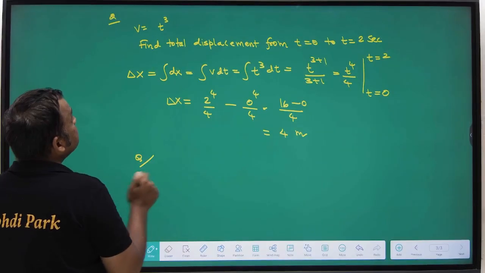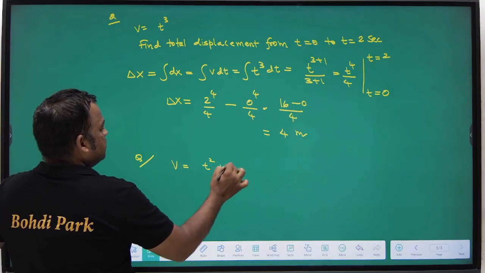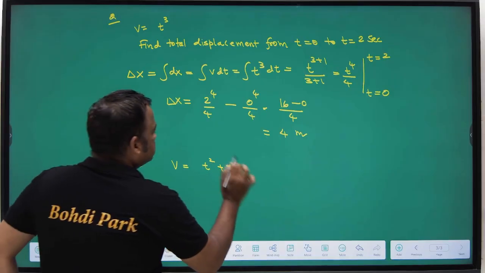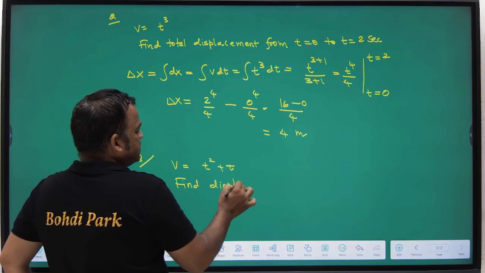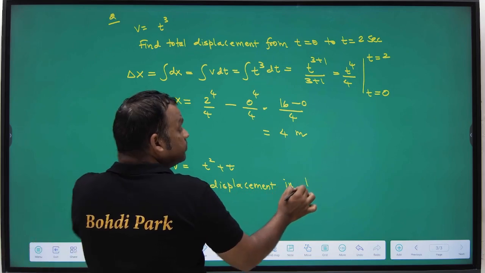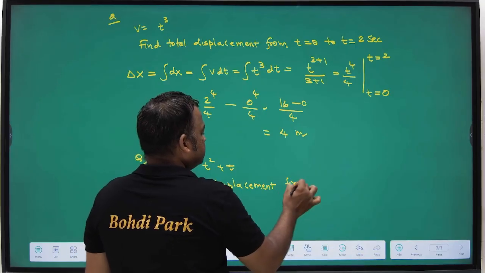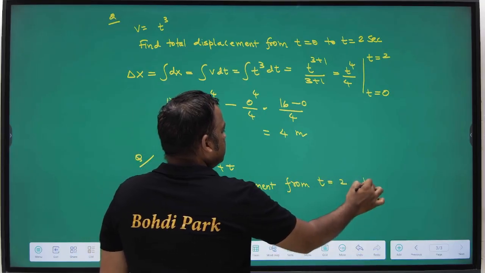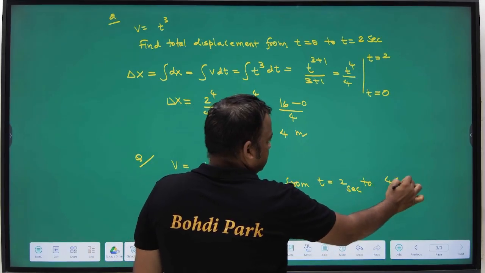Let's take one more example. Suppose v is given as t square plus t, and question is find displacement from t is equal to 2 second to 4 second.